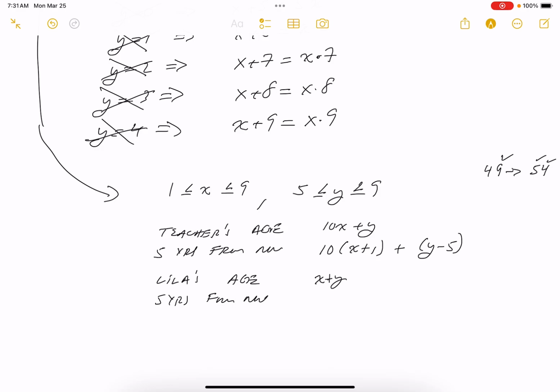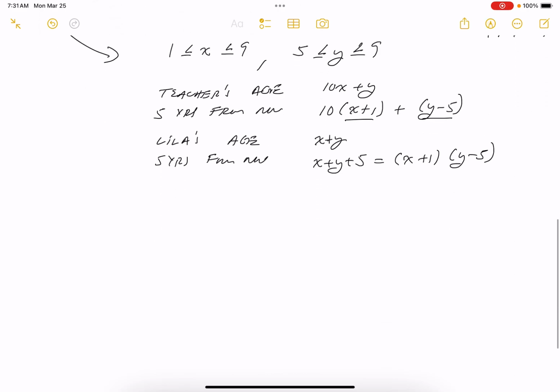I'm sorry about that. 5 years from now, Lila's age is going to be x plus y plus 5. But what does that equal? And remember what it says. In 5 years from now, it's going to equal the product of this times that. Let's write this down. X plus 1, y minus 5.